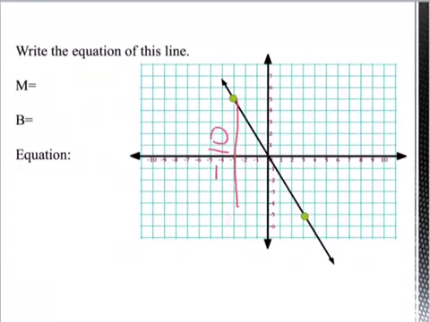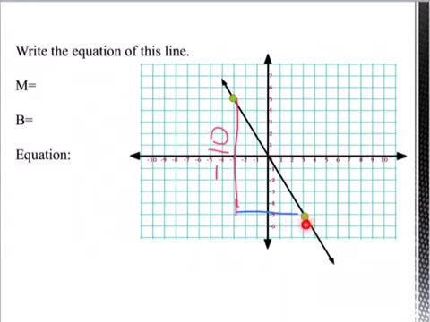Now we are sitting right here at this point. We need to get over to this point, so we need to go to the right. Let's figure out how many units we go to the right. If we start here, we're going 1, 2, 3, 4, 5, 6.